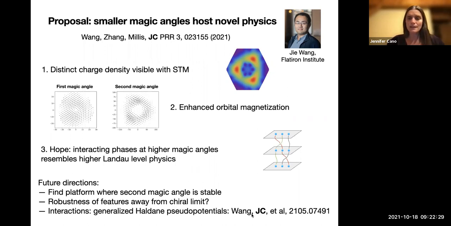And finally, we would like to look at the effective interactions at these second and third magic angles and actually confirm or deny whether there are different types of correlated interacting phases that exist there. We have some idea of how to study this, but this is a challenging problem that we're working on and will continue to work on in the future.